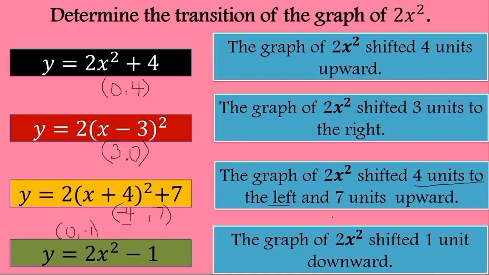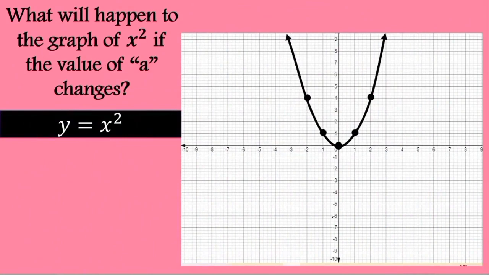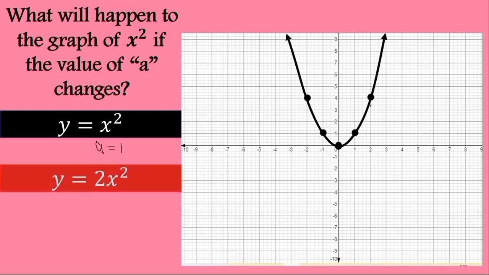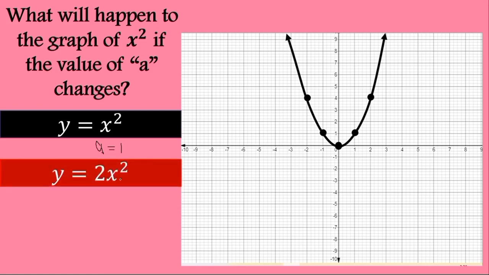And lastly, we'll have this. What will happen to the graph of x squared if the value of a changes? In this case, y equals x squared. The value of a here is 1. And this is its graph or the parabola of x squared. Next, I have here y equals 2x squared.